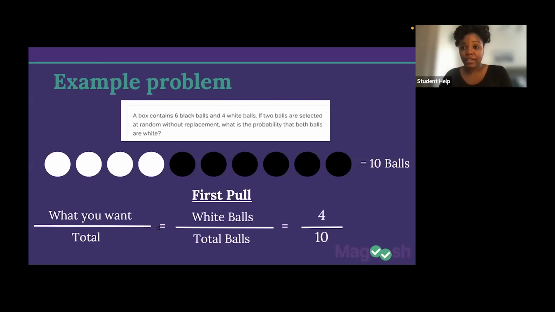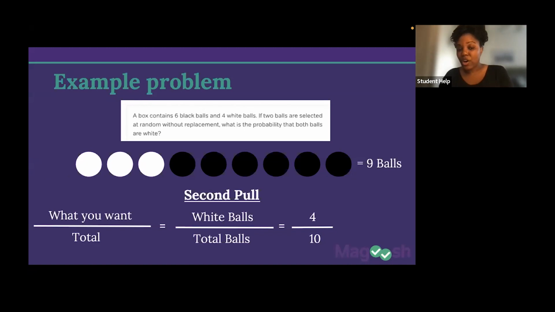But we can't stop there. There's a second pull that happens, right? So in our second pull, we still have 10 balls, is that right? No, right? Because we already took out a ball. So that one white ball we already took out is gone. And now we have 9 balls.